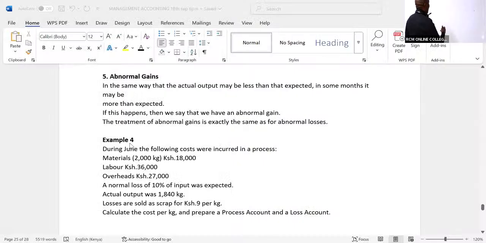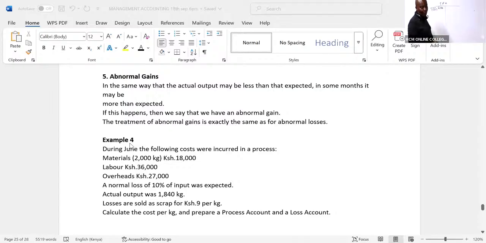So we have here, we do a throughput account. The throughput account is a material movement account. So I can see input in the form of materials. The input there is 2000 kgs.